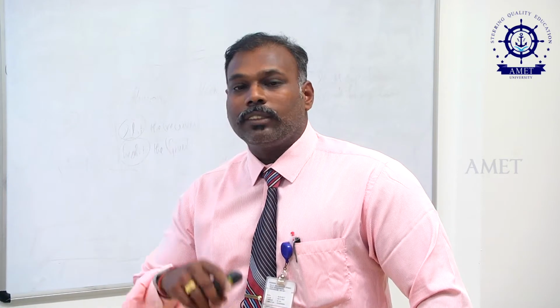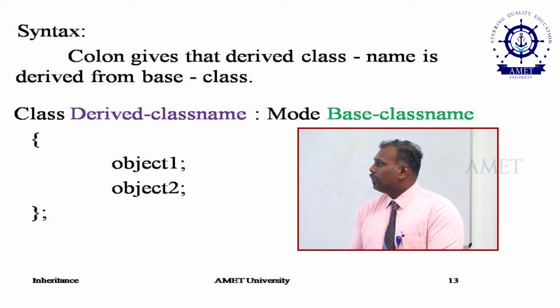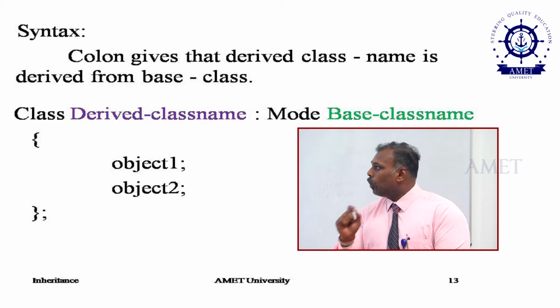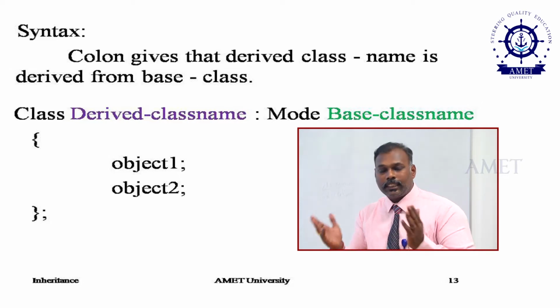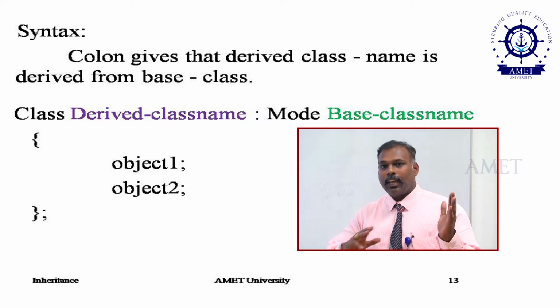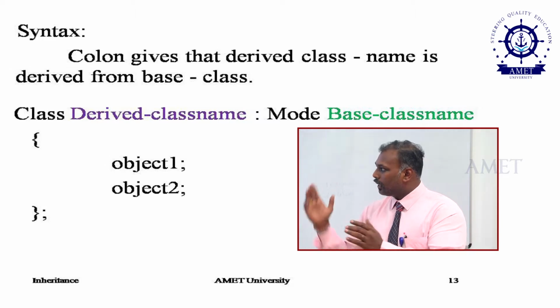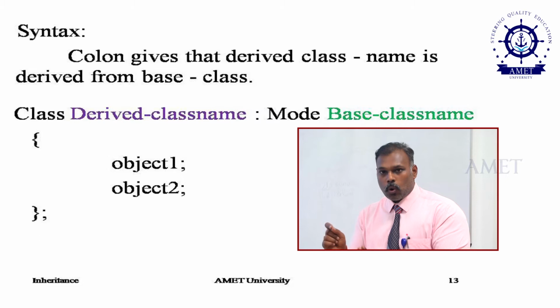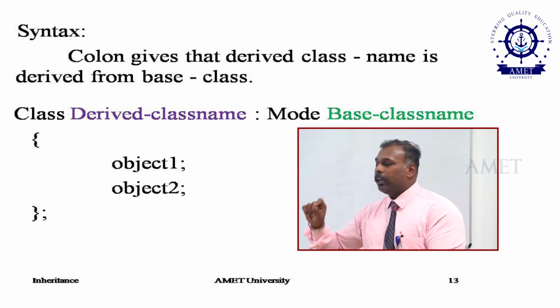Let's move on to the syntax. Here we are going to use the colon operator to differentiate the derived class and the base class. The syntax is: class, then the derived class name, colon, then the mode, and at last the base class name.